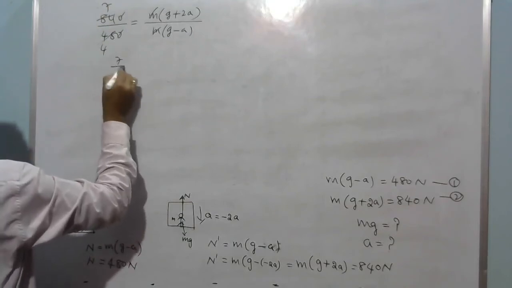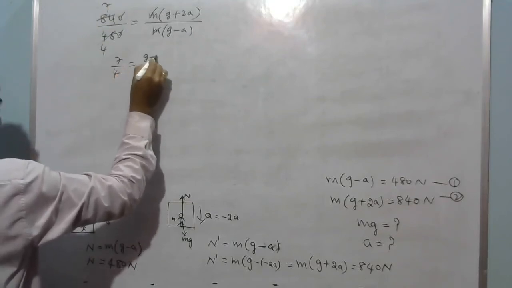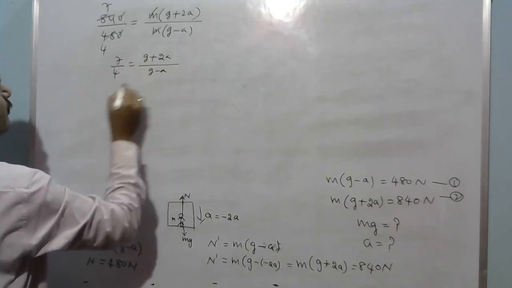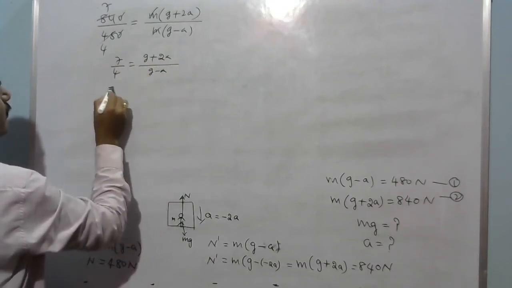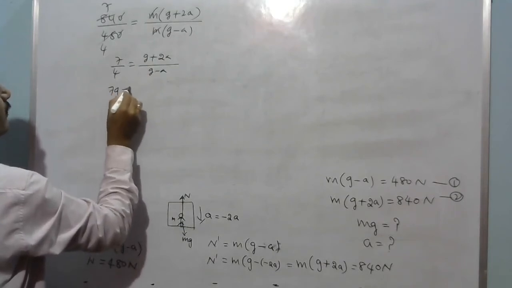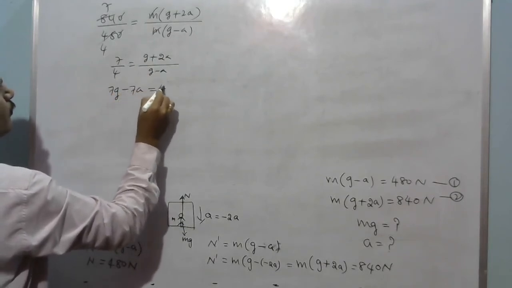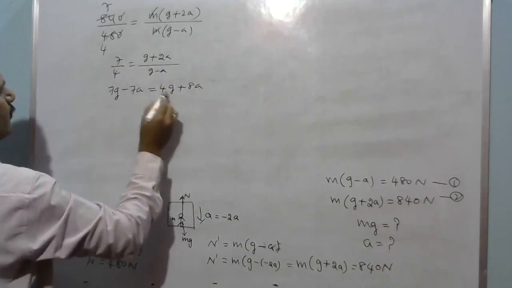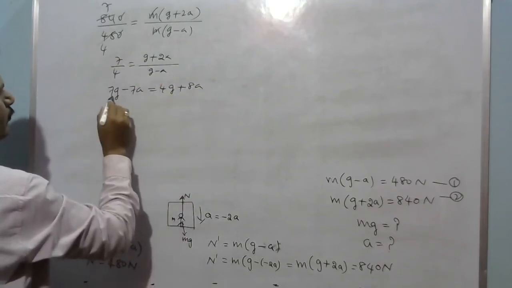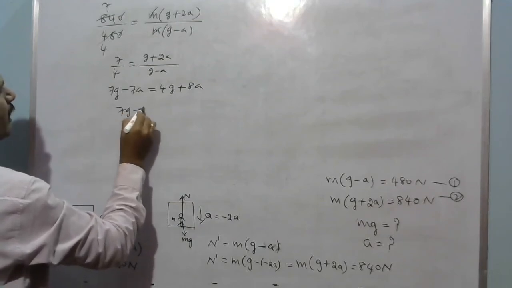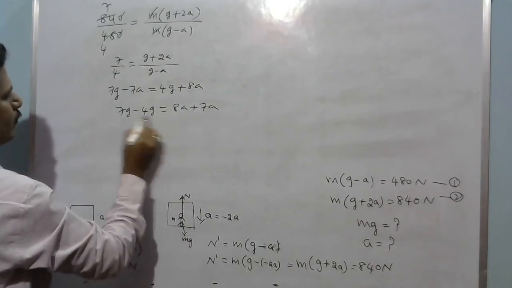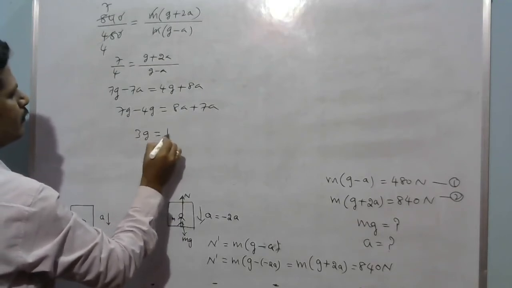So we'll get 7 by 4 equals g plus 2a divided by g minus a. So cross multiply, we'll get 7g minus 7a is equal to 4g plus 8a. So now if you take this, 7g minus 4g is equal to 8a plus 7a. So we will get here 3g equals 15a.